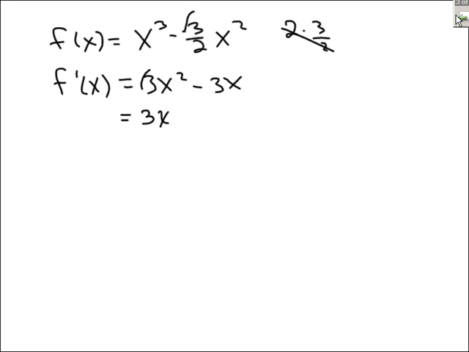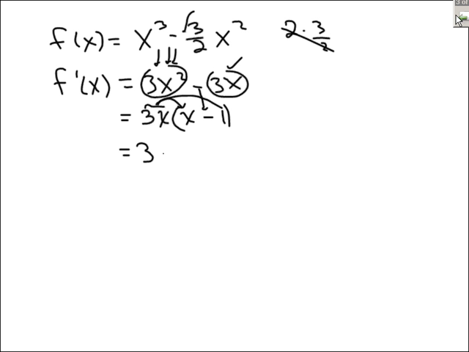I can pull out a 3x from here and here. When I pull the 3x from here, I'm left with x. That is 3x times x is 3x squared, minus, and 3x times 1 is 3x. So there it is, 3 times x minus 1.